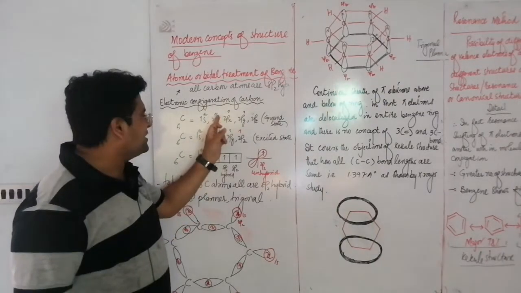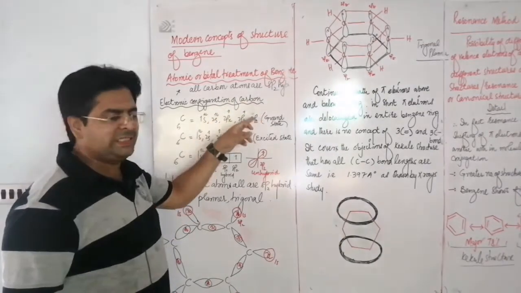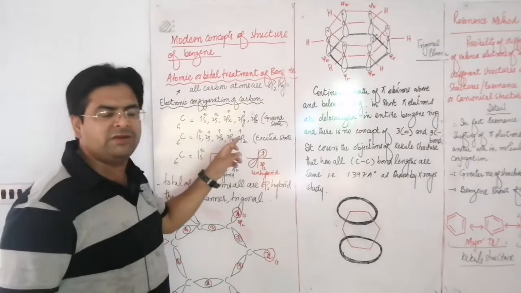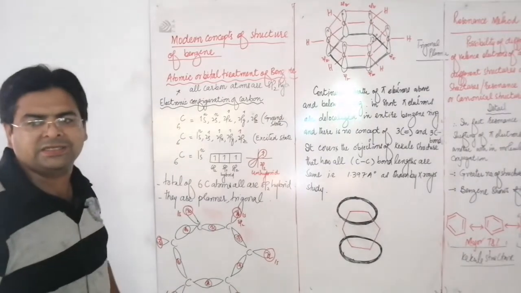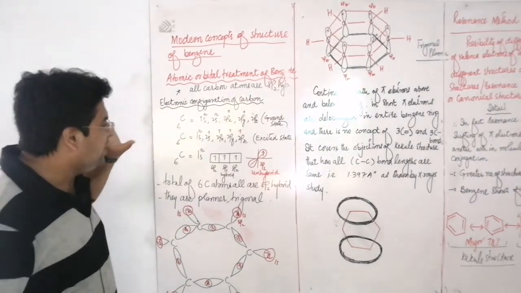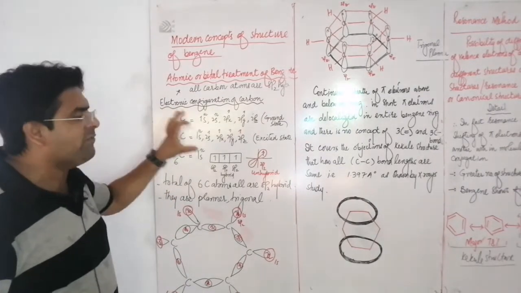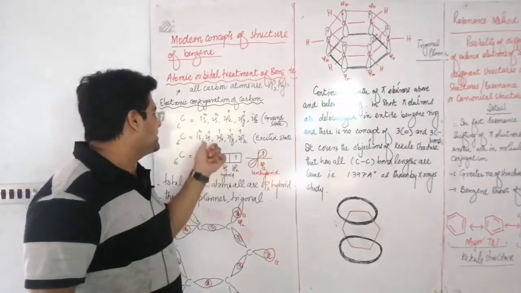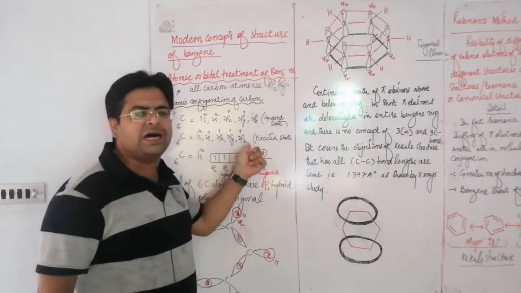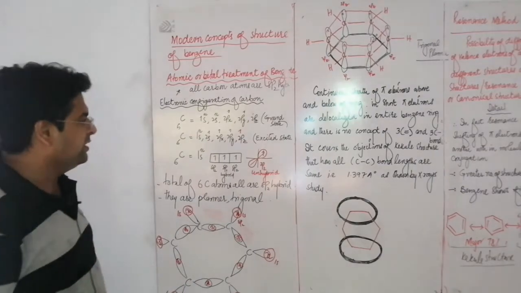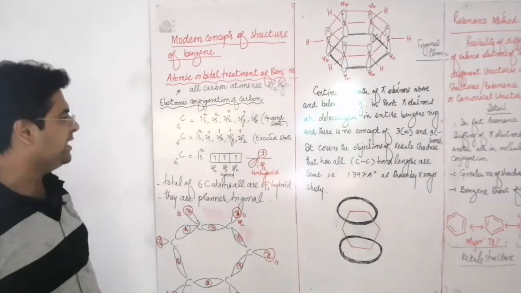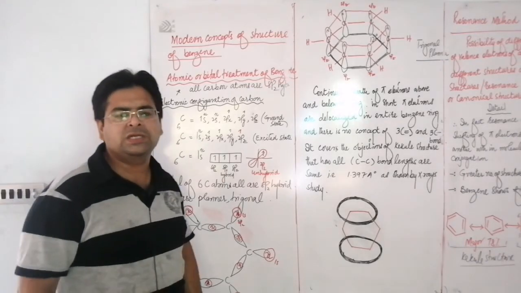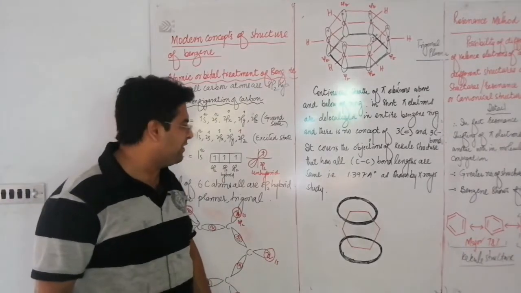When one electron from 2s gets energy, it is excited. That state is called the excited state. In the excited state, electrons are unpaired, and it is produced due to absorption of energy.